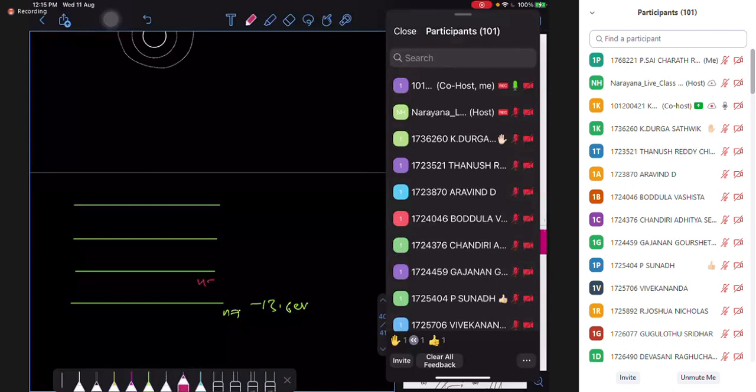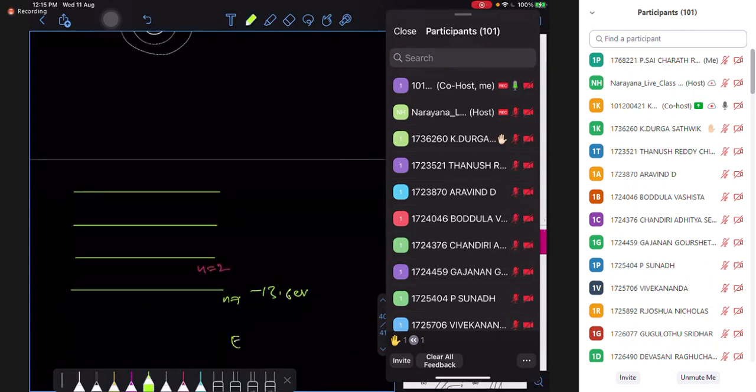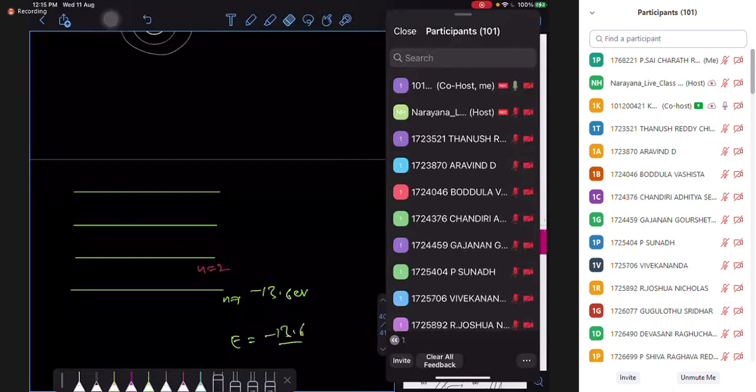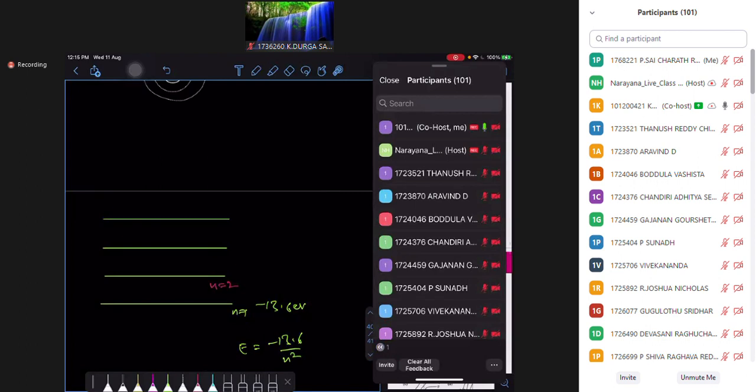For n equal to 2, it will be minus 13.6 divided by n squared. So minus 13.6 divided by 4, which is 3.4.